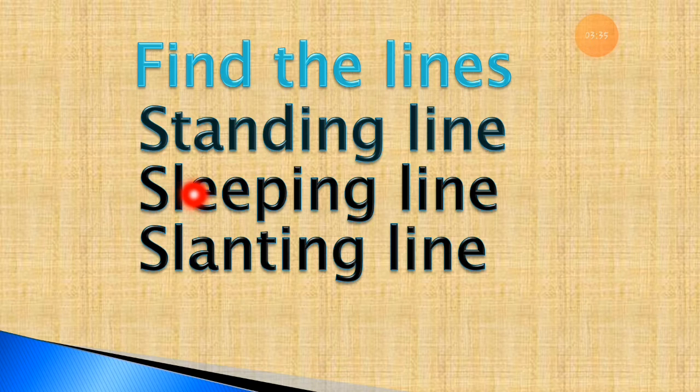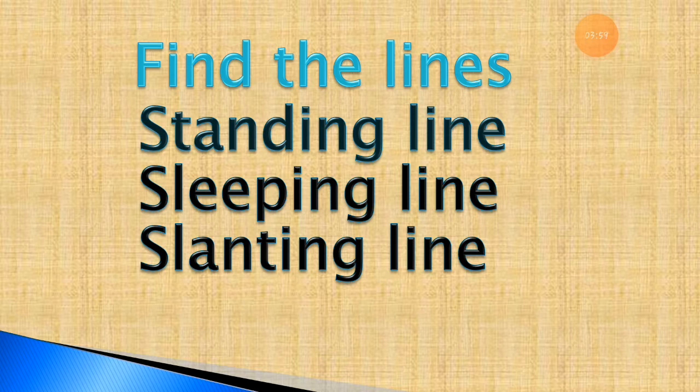With the help of these lines, we can draw any type of shape. The first is the standing line. The second is the sleeping line, and the third is the slanting line. With these 3 lines, we can make any type of shape.